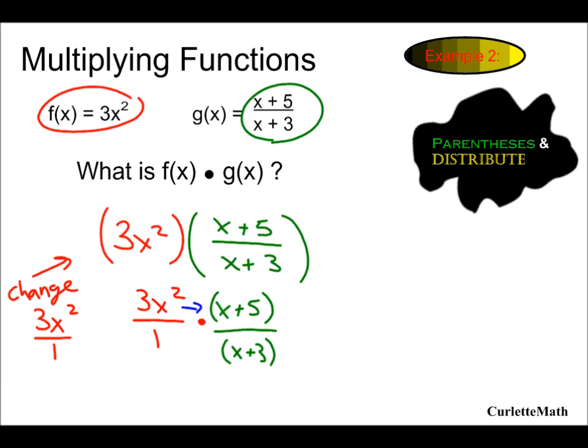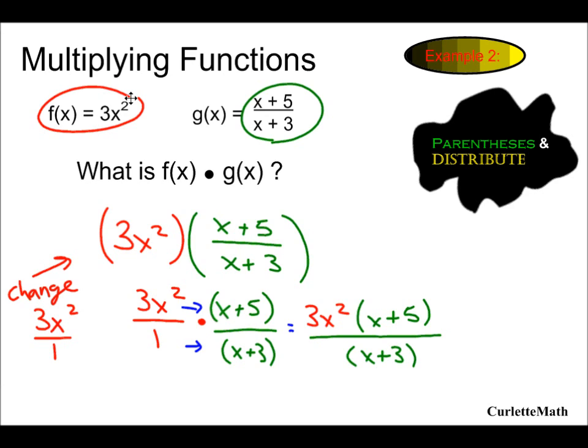Multiplying straight across will give us 3x squared times x plus 5 all over x plus 3.